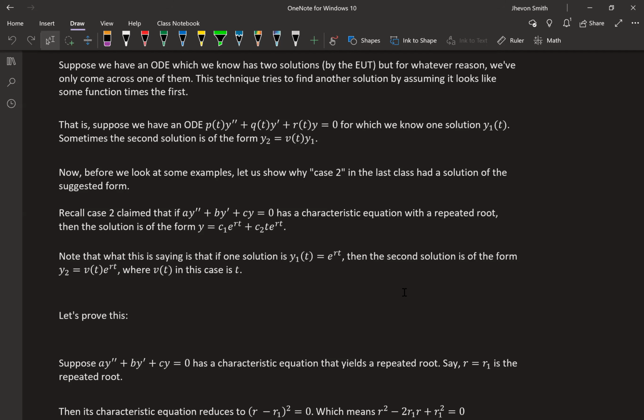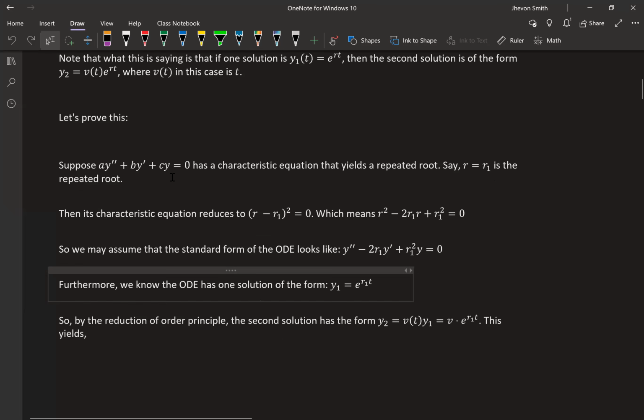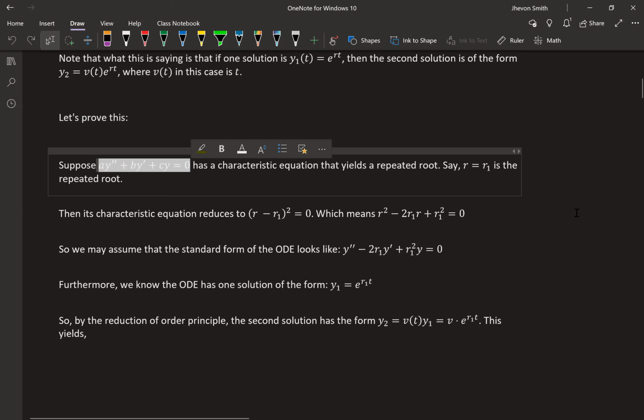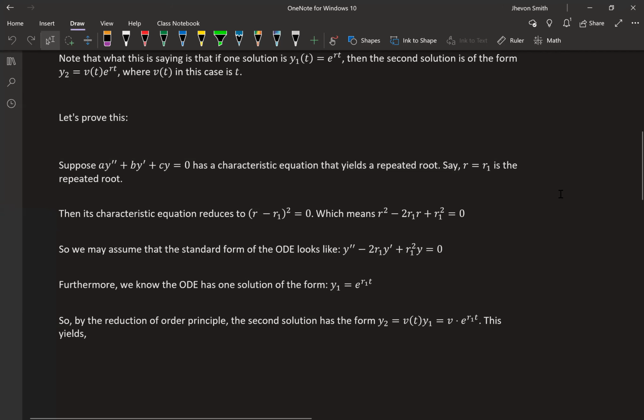In fact, I'm going to prove this to you. I'm going to show you that if I have a second order linear differential equation with constant coefficients, and it has a characteristic equation that gives you a repeated root, then I know that the second solution is going to be t times the first solution. Here's how we'd know.